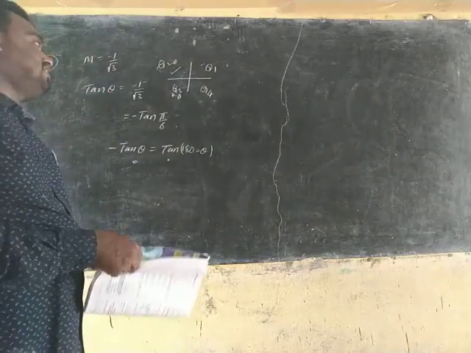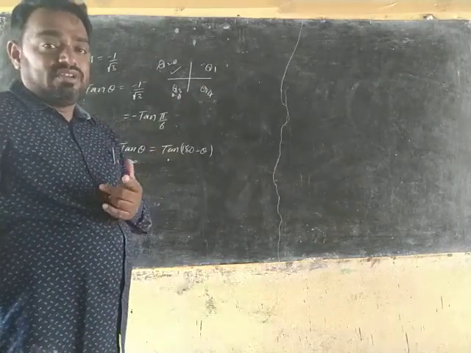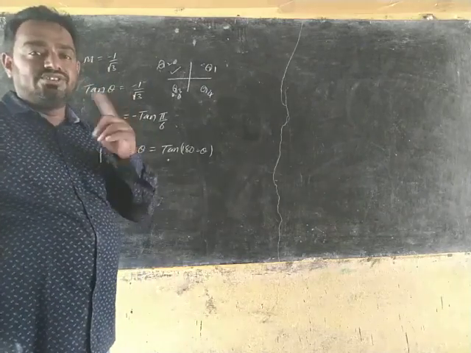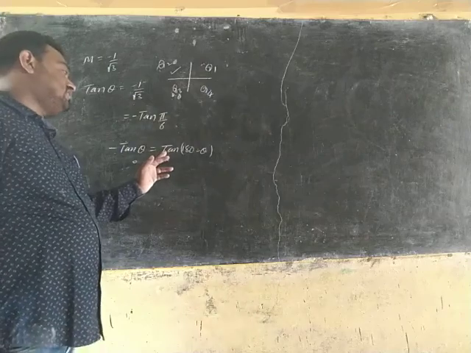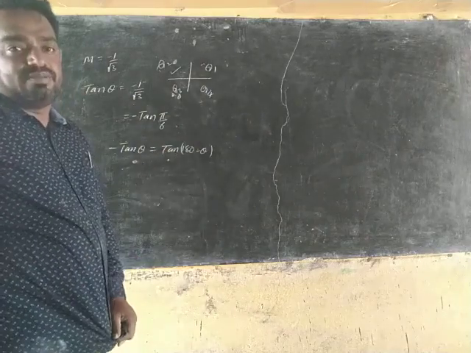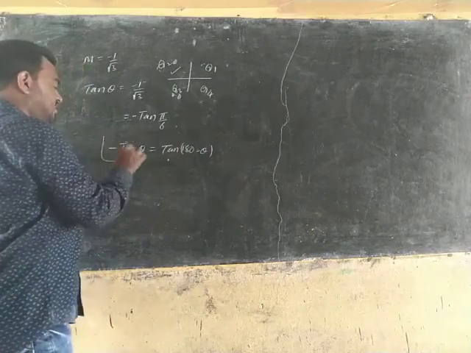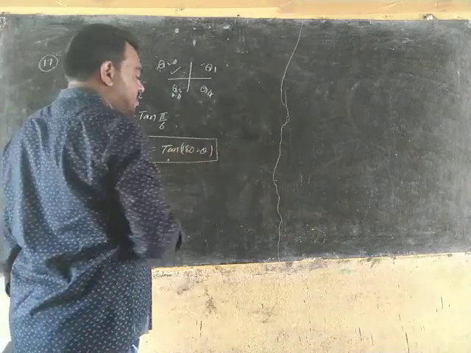But I am not writing tan 360 minus theta. Why? In the definition of this slope, the theta range I gave is 0 to 180 only. So I am writing tan of 180 minus theta.